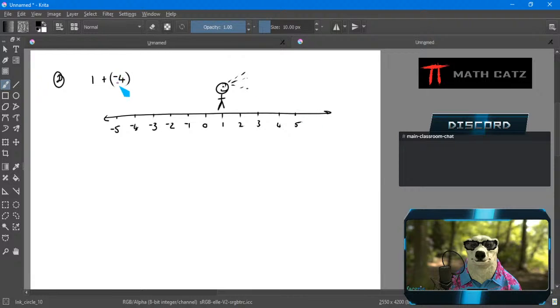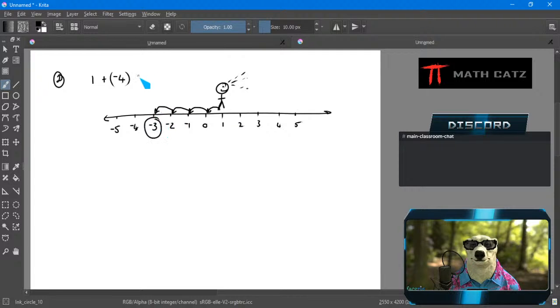Now, if, for example, this was just a 4, then I would take 4 steps forward. -4 is, in a sense, the opposite of 4. It stands on the opposite end of 4 when my mirror line is at 0. So I should do the opposite of what I do when I have a 4, which means I need to take 4 steps backwards.